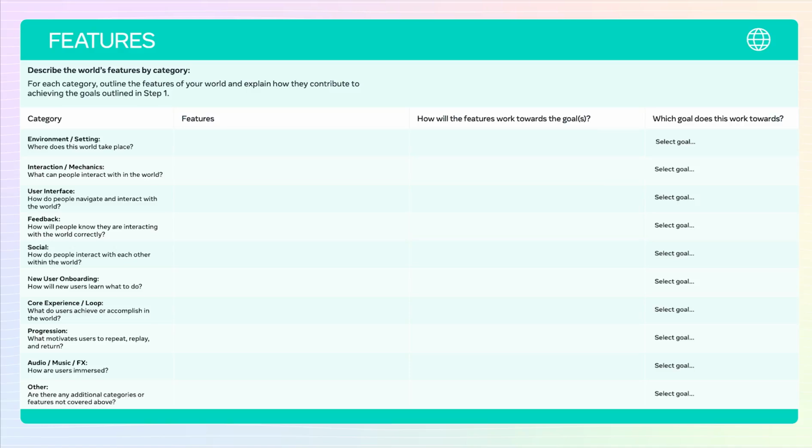So that was the setting for it. And then I have interaction, which is like throwing the lightsaber, and then social, people interact with each other just by talking with the global voice. So essentially just add in your features and how the features will work towards your goal.